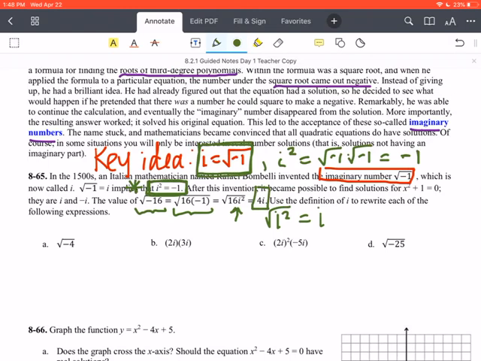So let's practice, okay? This is what you'd be expected to do on your own in a few days. It says, let's rewrite each of the following expressions. The first thing I'm going to do is, when I see the negative, rewrite it as the square root of the positive number times -1. Now we know that this can be looked at in two ways, and I want to give you both.